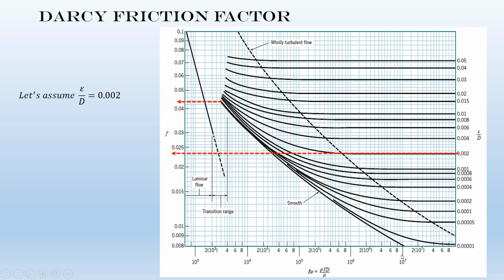For example, if the Reynolds number is 10⁷, this is your friction factor, 0.023. If your Reynolds number is, let's say, 8×10⁷, again this is your friction factor. If the Reynolds number is, let's say, 10⁶, again your friction factor is 0.023. So I recommend you, guys, for the second type of problem, it's a good idea to start from the friction factor representing this flat area. This is the best initial guess for the second type.